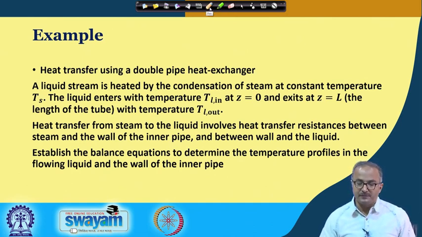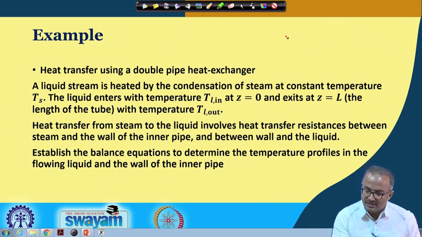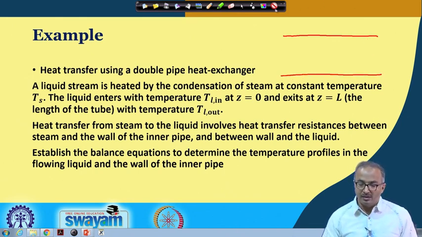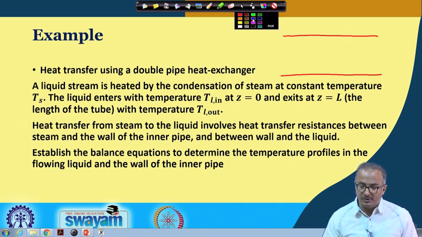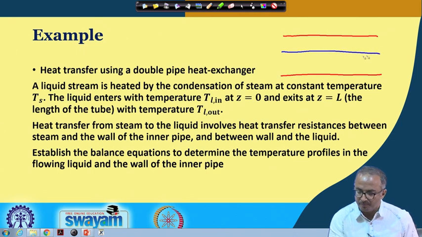So, let me first tell you how these look. Let us say there is a pipe of some diameter and into this pipe we put another pipe of smaller diameter.